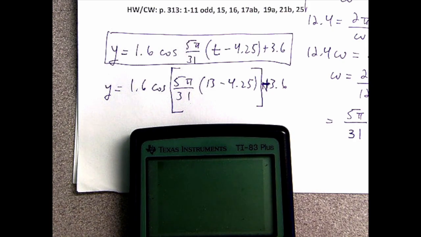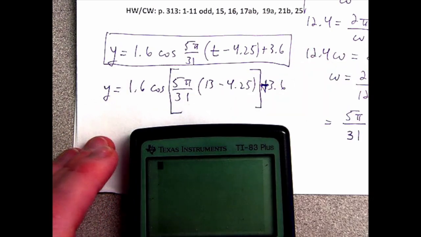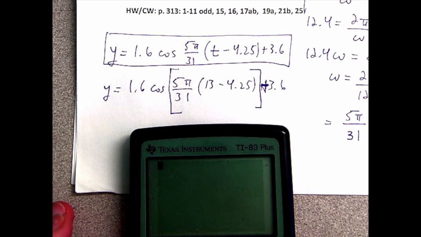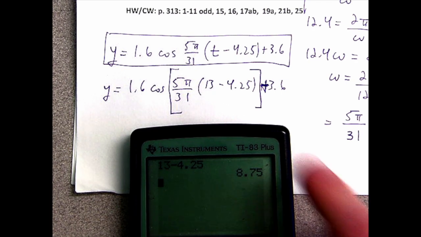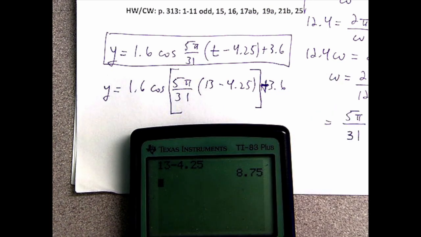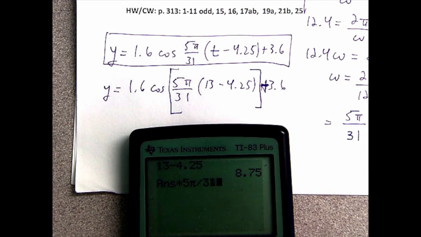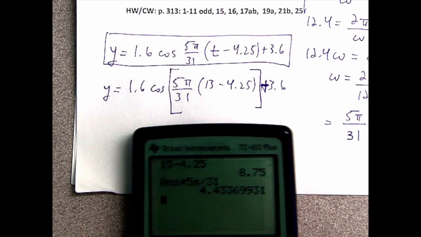So I'm going to start by figuring out what the expression is inside the parentheses first. So I'll take 13 minus 4.25. Okay, that's 8.75. Now I need to multiply that by 5 pi over 31. So times 5 pi over 31. Okay, so I get 4.4 and so on.